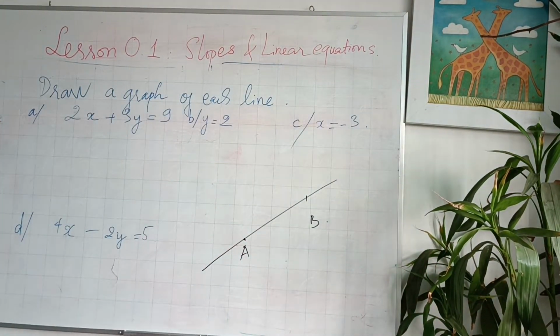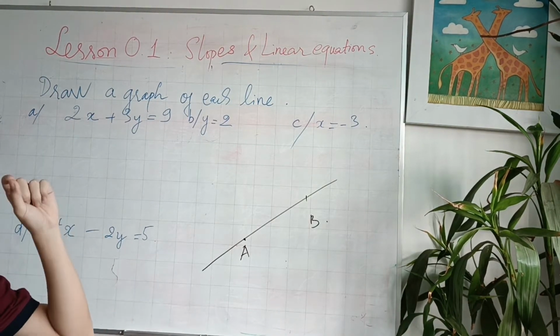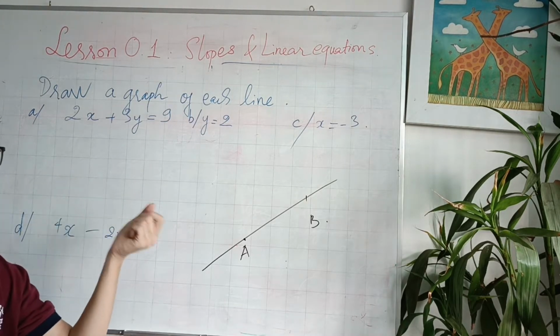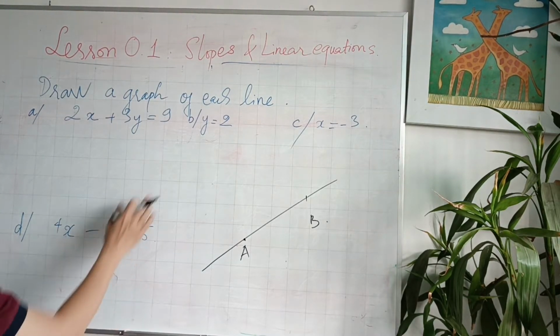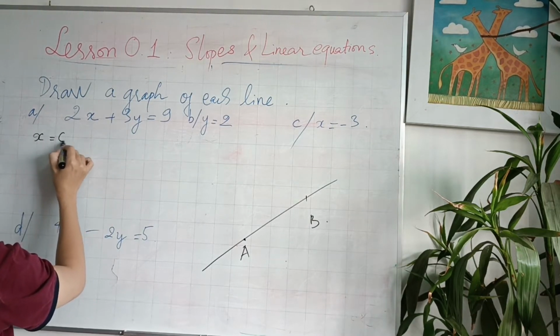And this is very easy when you choose points that lie on the x-axis and y-axis, because when you substitute the coordinate with 0, it's easier to do the calculation. So we choose the point x equals 0.